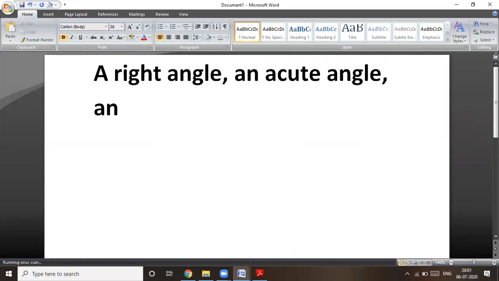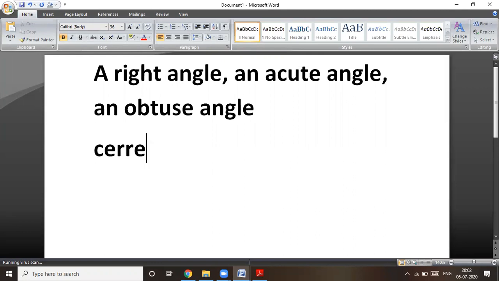Then we have seen an obtuse angle. Then we have seen vertex and side.